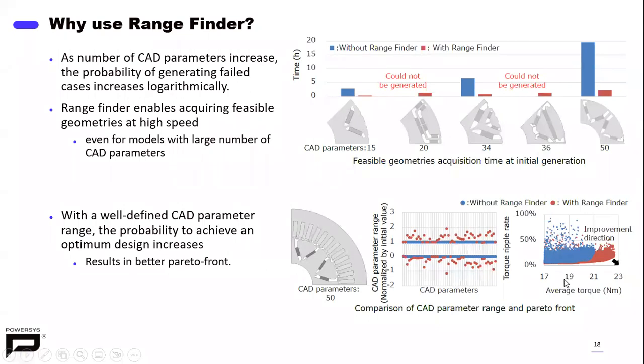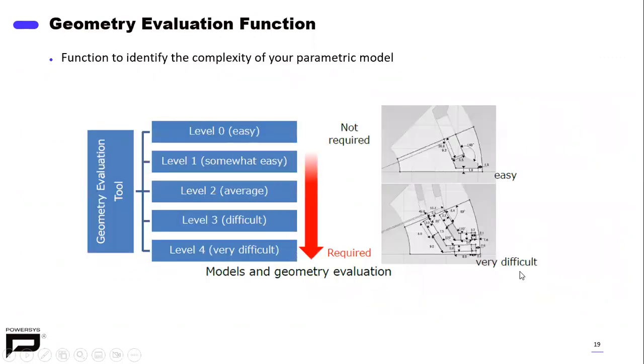In that case, we see that the maximum torque without using the rangefinder option will be around 21 or so, whereas when we use the rangefinder option, it advances the Pareto curve, in which we can get a geometry by which a torque level of around 23 Newton meter can be achieved. So this is also an advantage of using the rangefinder option.